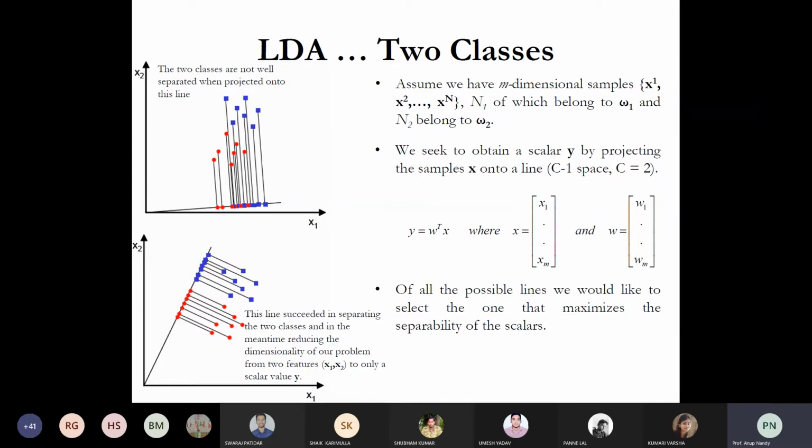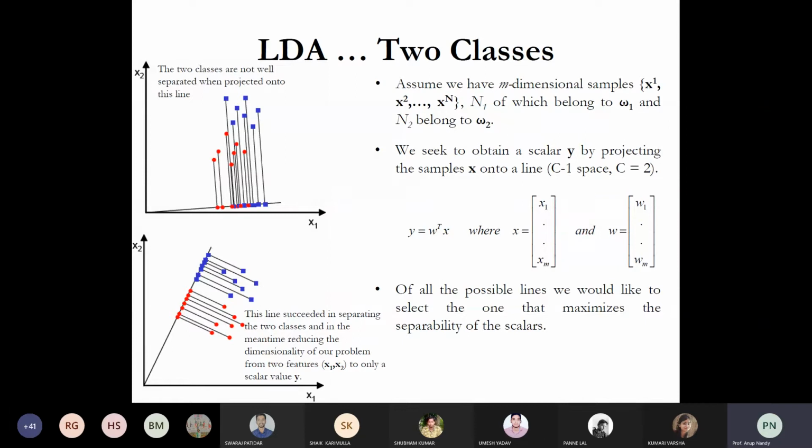Assume that you have m-dimensional samples x1, x2 till xm, where n1 samples belong to w1 and n2 samples belong to w2. Now you'd like to obtain a scalar value by projecting the entire samples x, which are in 2D, onto a hyperplane, that is, a subspace in a lower dimensional space.